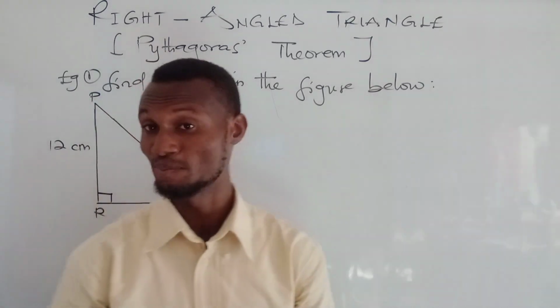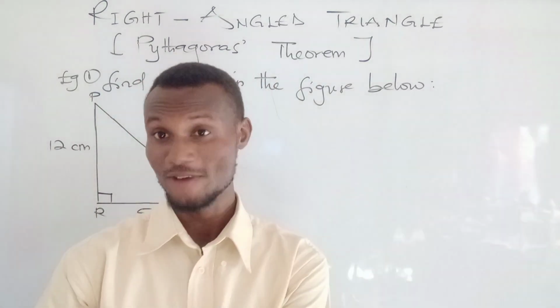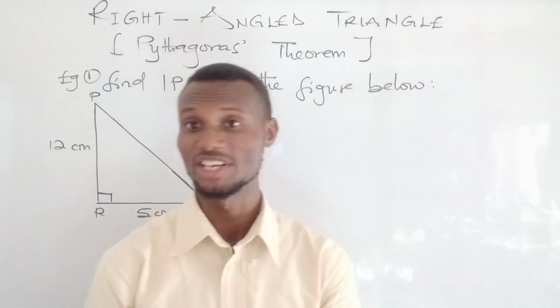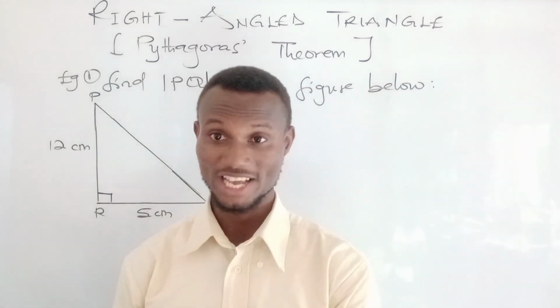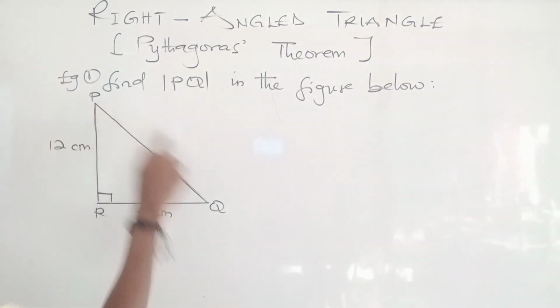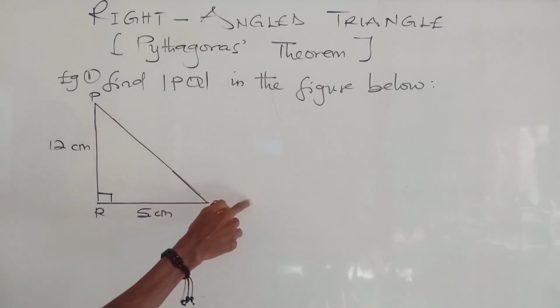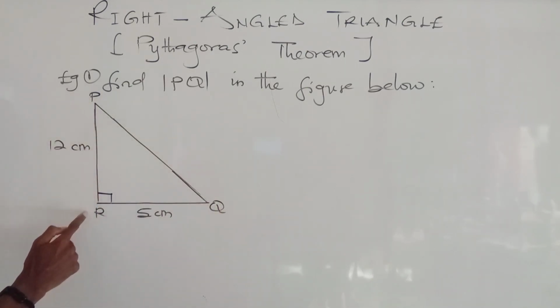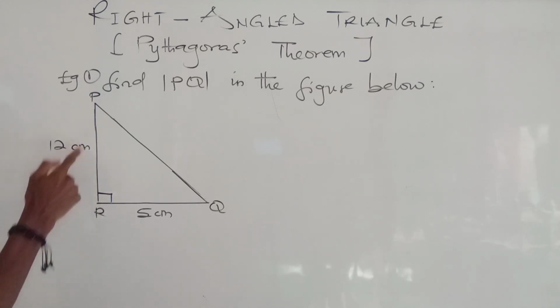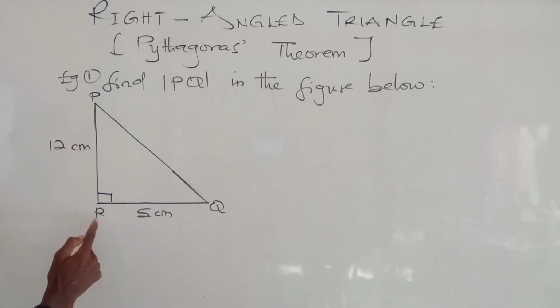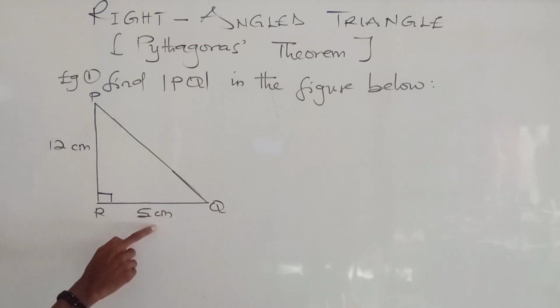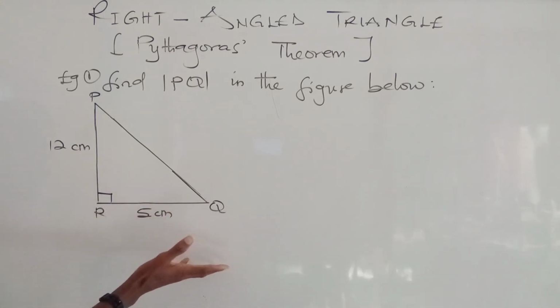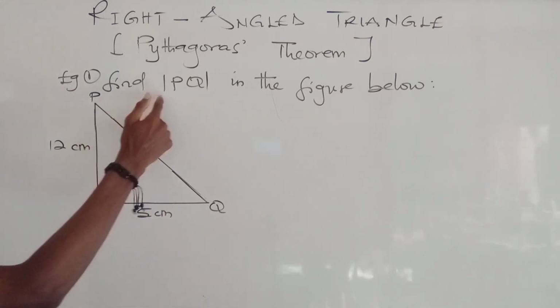I've explained all this in the first video, that's why I'm encouraging you to watch it. So the line PQ that you are being asked to find is the hypotenuse. We have been given line PR to be 12 centimeters, which is the opposite, and line RQ is 5 centimeters, which is the adjacent. And we have to find line PQ.